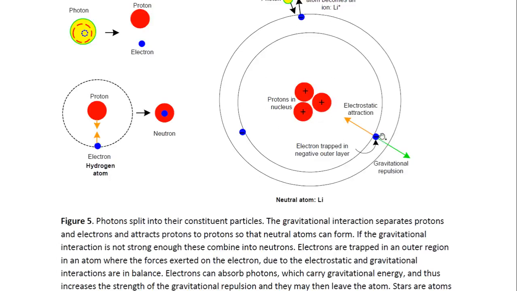And so here we see the lithium atom, which is made up of 3 protons and 3 electrons. And these electrons are kept in this region where the electrostatic attraction that the electron senses towards the proton is balanced by the gravitational repulsion that it feels from this proton. And where these two forces are in balance, then the electron will remain trapped in that region.